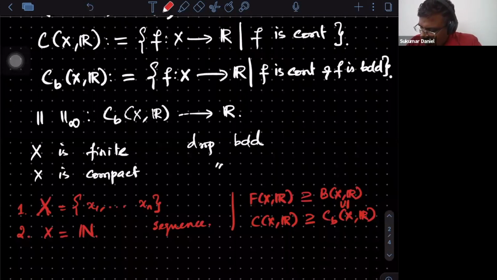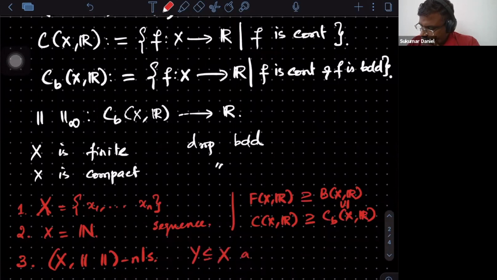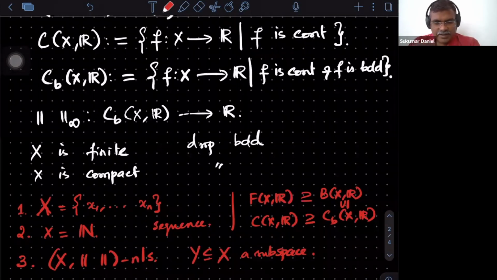And another question that I want to ask: suppose I have a normed linear space, and say Y is a subset of X, a subspace. Is there any easy way to define a norm on Y? On a big space, I have a norm. That means I know the length.